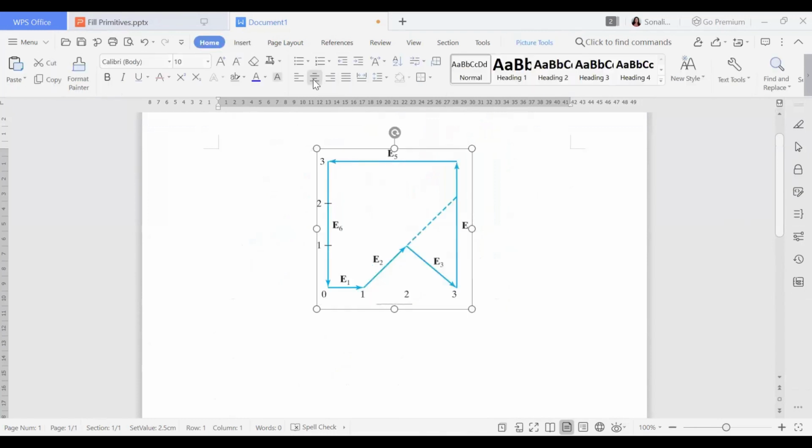So here you can see, first I have to find the values of E1, E2, all the edges. The first one is E1. I'll make it bigger so that you can see it properly. Now I have to find the E1 value.